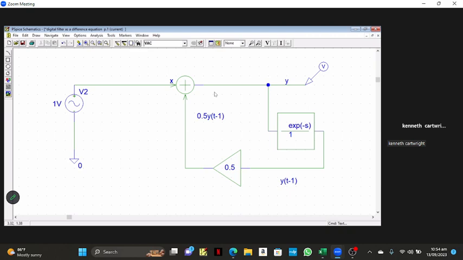I'm just trying to show you how this digital stuff is very similar to the analog stuff we've done before. The main difference being instead of T, we're dealing with N. We're dealing with specific values of time, not continuous time.